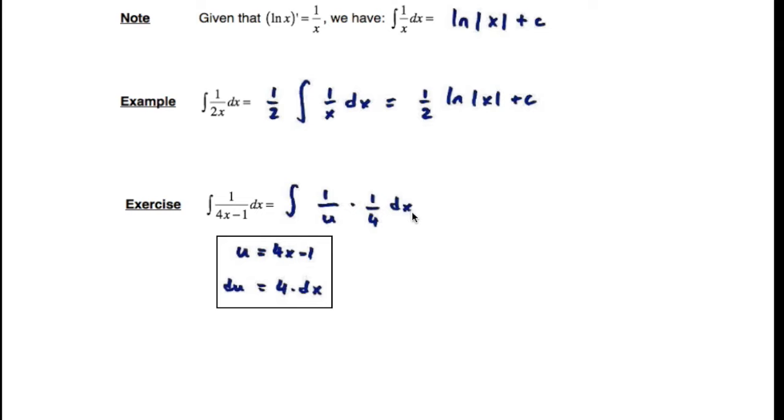There's a mistake here, and this should be a du. We need a variable of integration that matches our variable. And the 1 over 4 can be brought in the front. We have 1 over 4 ln of absolute value of u plus c, with absolute values every time. By changing u back to 4x minus 1, we have this final answer.